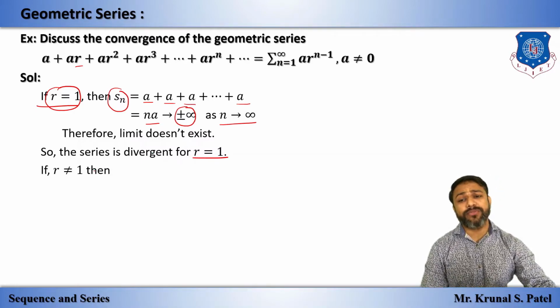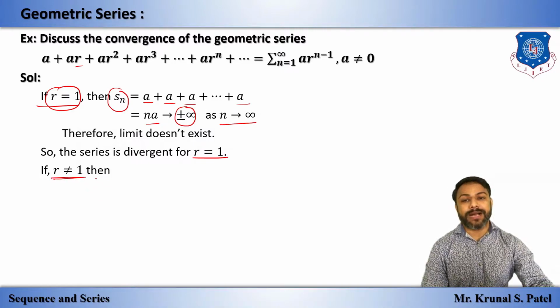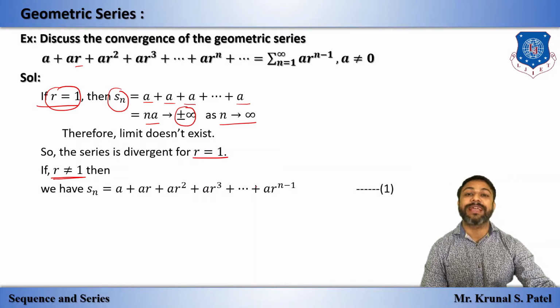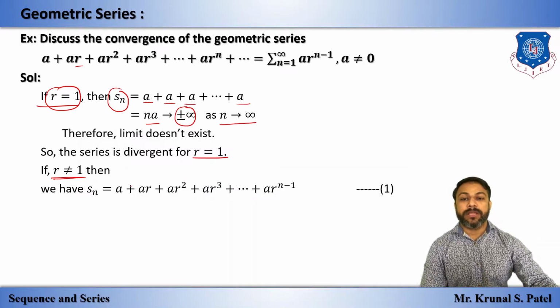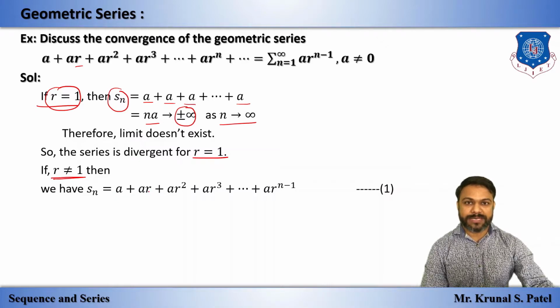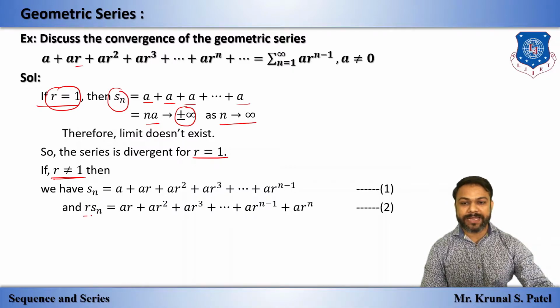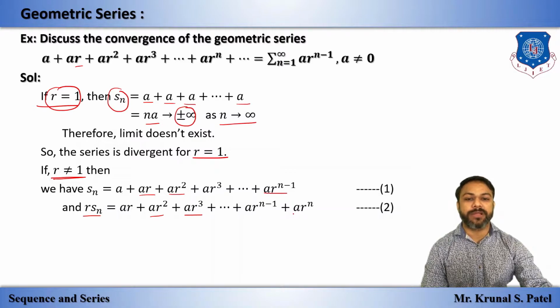Now if r is not equal to 1, then what happens? We have Sn, the sum of the first n terms. Now we multiply this with r. So we have r into Sn, that means ar becomes ar^2, ar^2 becomes ar^3, up to ar^(n-1) becomes ar^n.